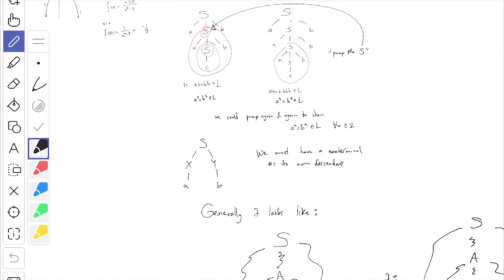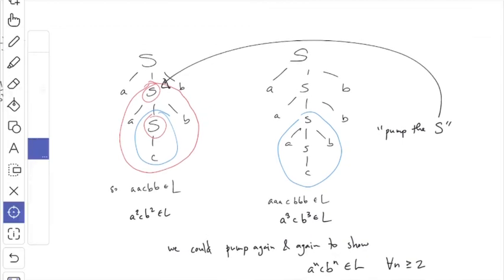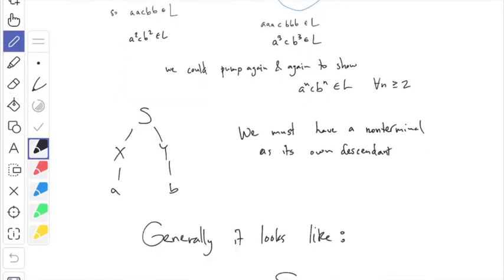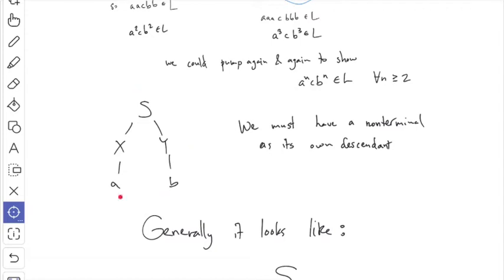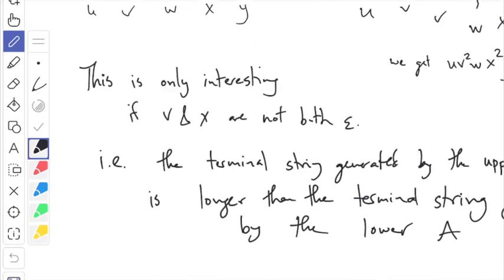So for example, this guy is a pumping parse tree because an S sits below another S, and if you look at the strings that they generate, the one above generates ACB, but the one below only generates C. So the one above generates something that's longer. Versus, say, this one here, this is not a pumping parse tree because nothing is its own descendant. All right? Great. Pumping parse tree.